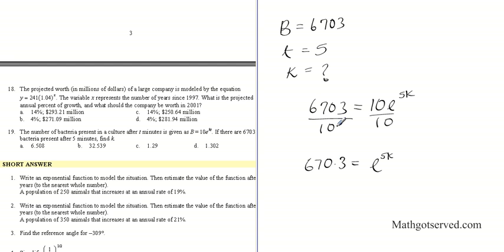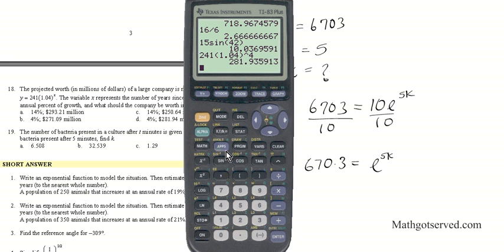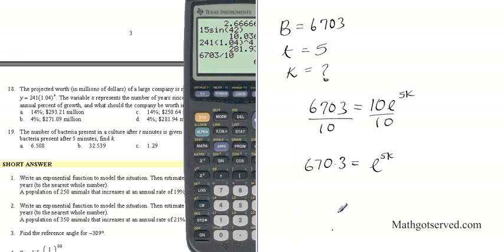I just moved the decimal point forward once. If you don't know how to do that trick, you can just do it with your calculator: 6,703 divided by 10, which is 670.3. And then to get this power down, I'll take the natural logarithm of both sides. So the natural logarithm of 670.3 equals the natural logarithm of e to the 5k.